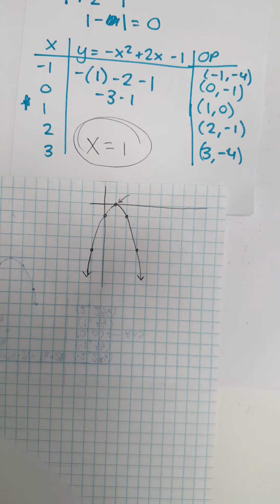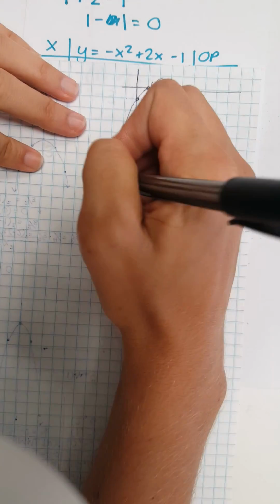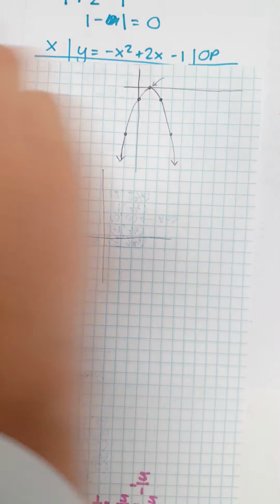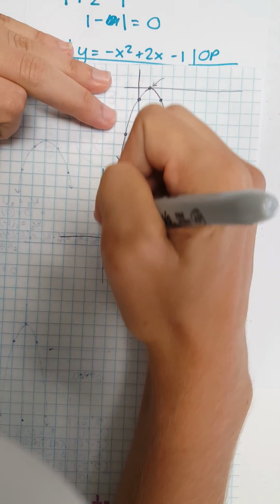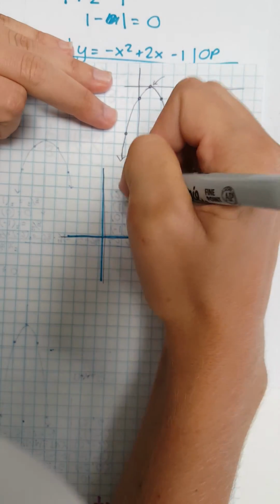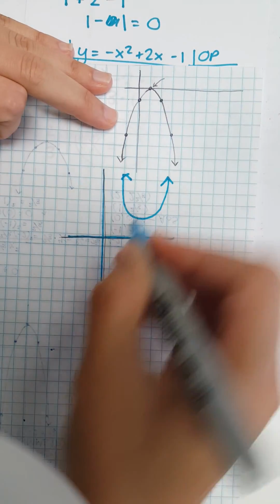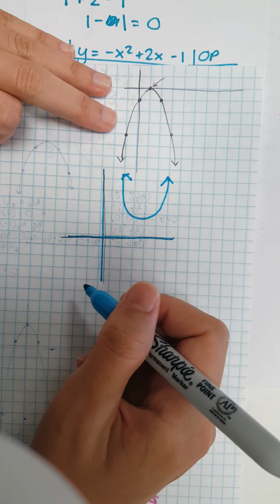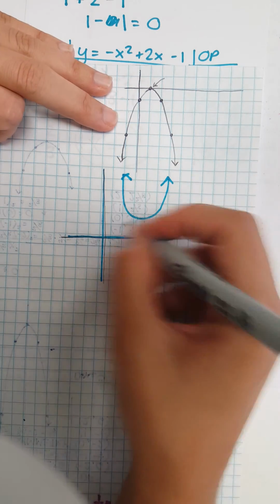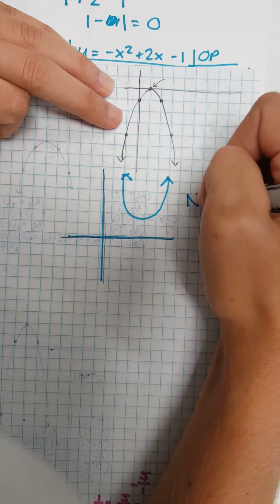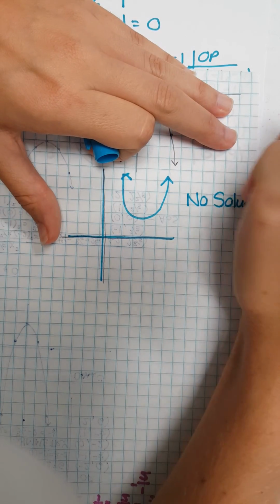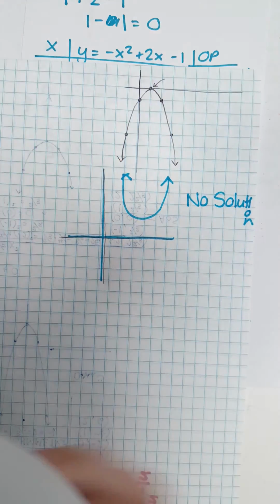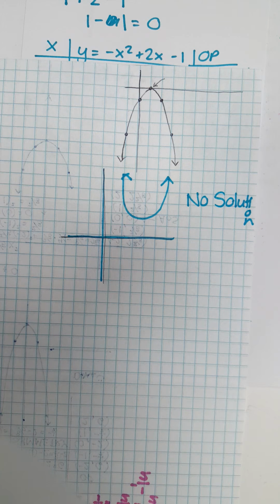And we're not going to get to this today, but if I graph something and it looked like this, does it even have an x-intercept? No, so what would the answer here be? No solution.